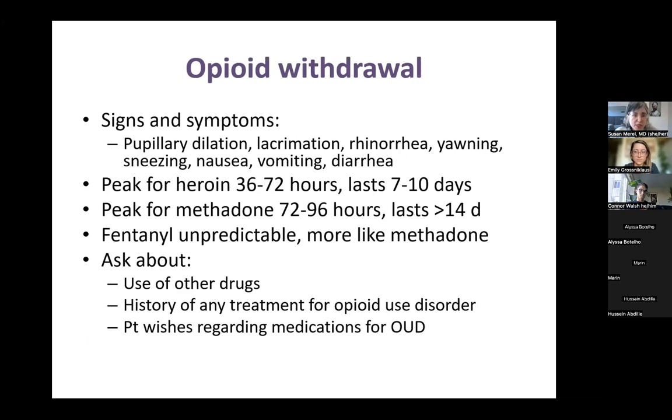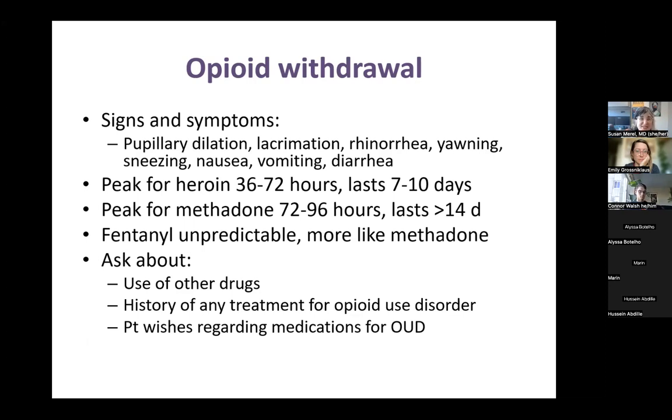So the first point is to have a little bit of a sense of what opioid withdrawal looks like and when you can expect it. So I have the signs and symptoms up there. The peak time of opioid withdrawal is 36 to 72 hours for heroin and longer for methadone.